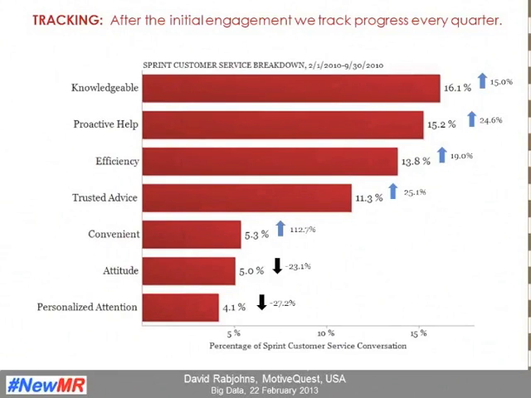And one of the other nice things is now, of course, we can move forward and track those things. So now we know what are the things that matter, that actually drive behavior in the category. We can follow those on a quarterly or a monthly basis and help Sprint see: are they optimizing their expenditure in marketing well? Are they doing a good job? Are they improving around these different attributes?